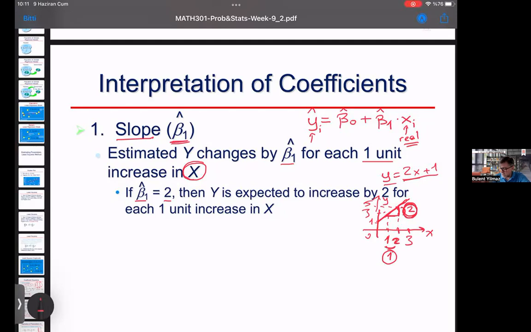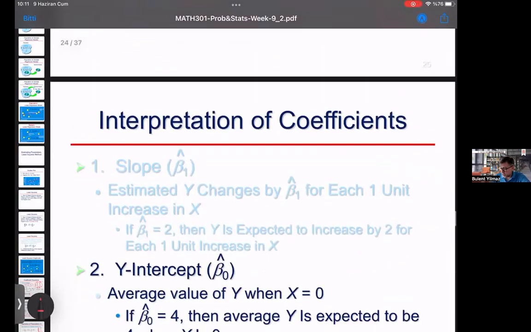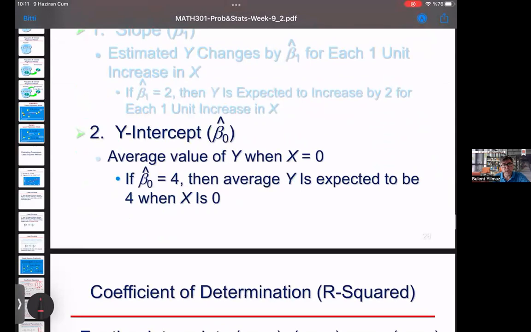Okay, and then if you go to the intercept, what does intercept mean? It is the average value of y when x is equal to 0. This is what we say about the intercept, right? If x is 0, what is y? It is the y-intercept, beta 0 hat.